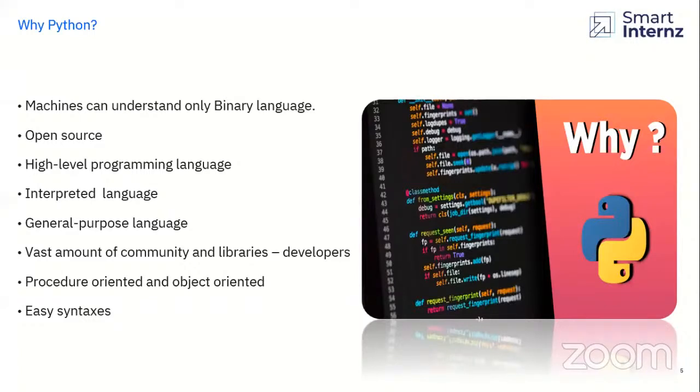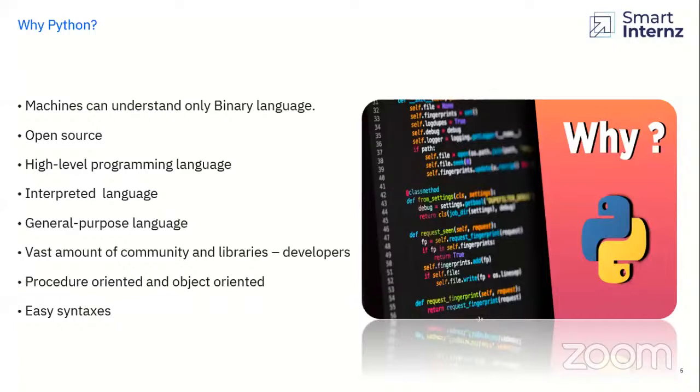It is a high level programming language, as I have already told. It is platform independent. Platform independent means that we write only once and run anywhere. It is a dynamically typed programming language. That means no need to declare the type of value, and when the value is assigned, automatically the type is declared.